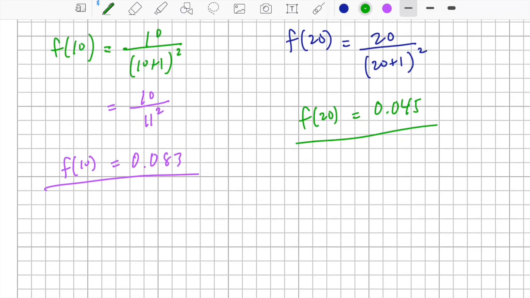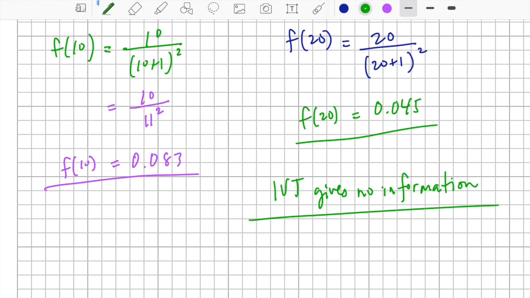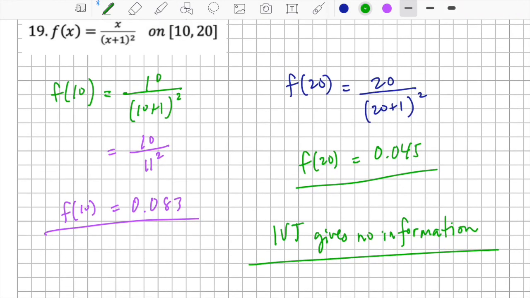So since we don't know, then we just say that the IVT gives no information. So we do not know if there is a value of c that when I plug it in, it'll give me 0 in that interval. And that's it for that one.